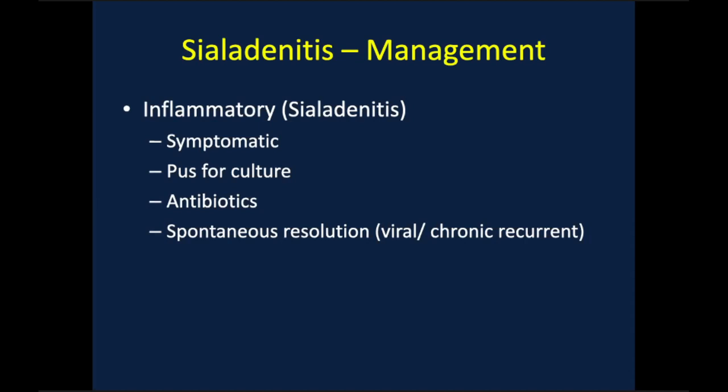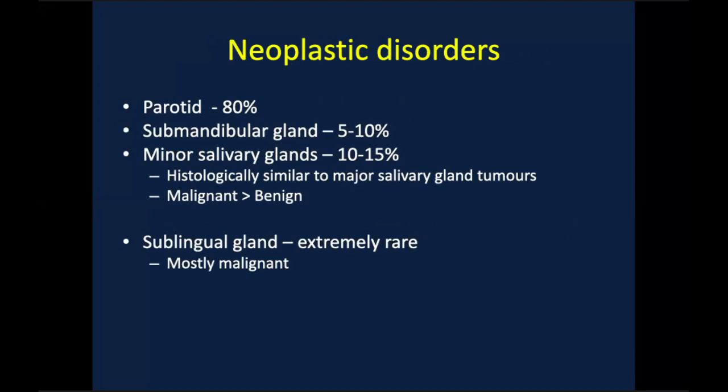Okay, so that is sialadenosis for you. The last category is tumors or neoplasms in the salivary glands. I told you there are two types of neoplasms, benign tumors and malignant tumors.